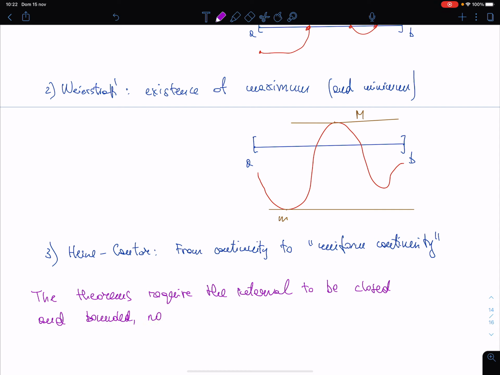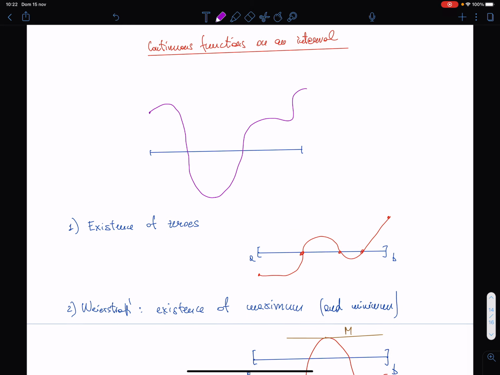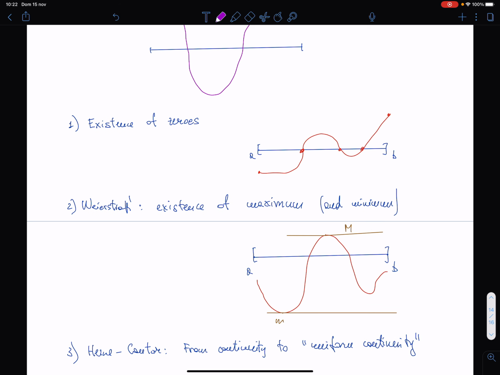Namely, the domain E is equal to the interval [a,b] with both a and b real numbers. Okay, and so the first, existence of zeros, will be an important theorem.